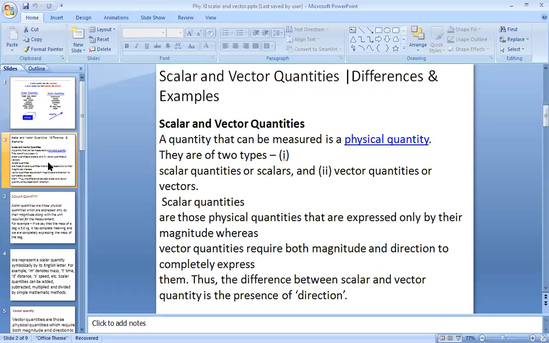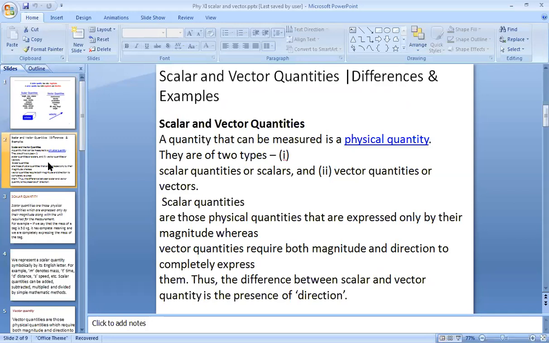For example, speed, distance over time, volume, density. So these quantities are derived quantities. All of these are called physical quantities.